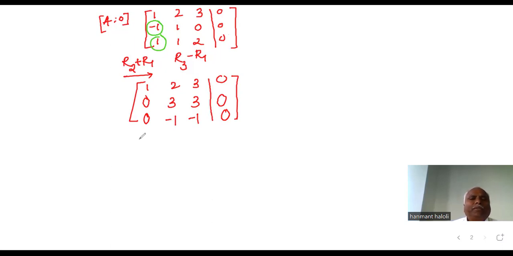Now if you divide row 2 by 3, you get like this.